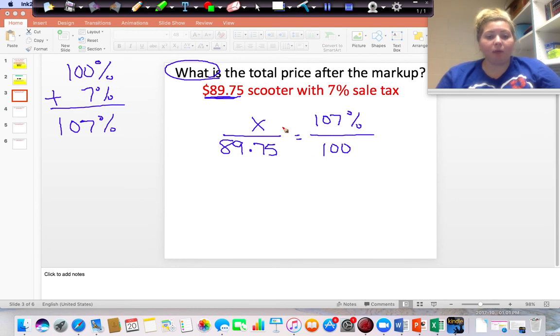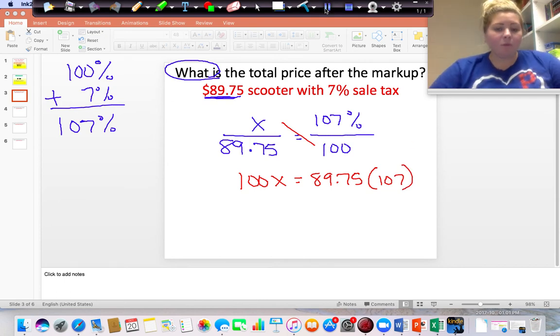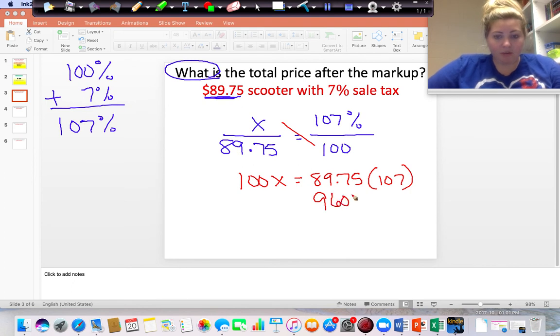To solve this problem, we need to cross multiply. 100 times X is 100X, and 89.75 times 107. When we multiply 89.75 times 107, we get 9,603.25, and that's equal to 100X.